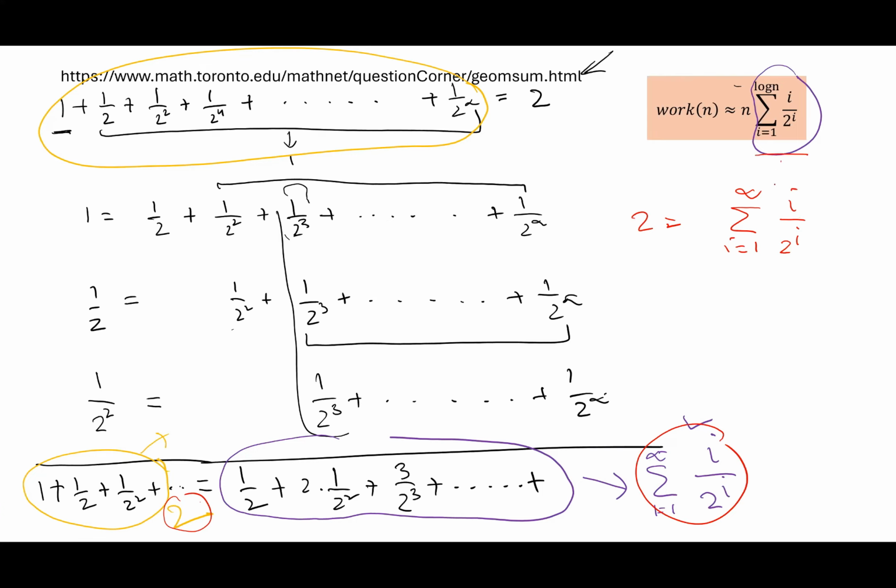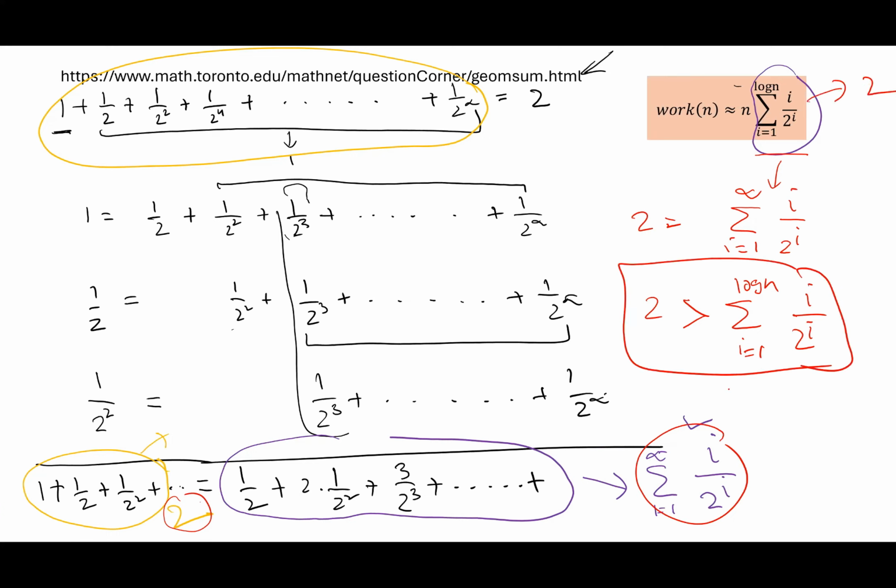And this is even smaller than this. So can I say 2 is greater than the summation from i equals 1 to log n of i over 2 to the power i? So the total amount of work, if I replace it by 2, is less than n into 2. That means total amount of work is order of 2n. Work is order of n.